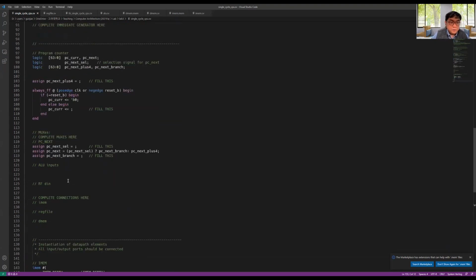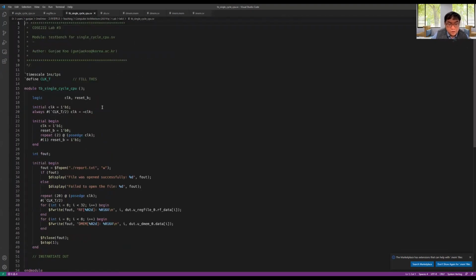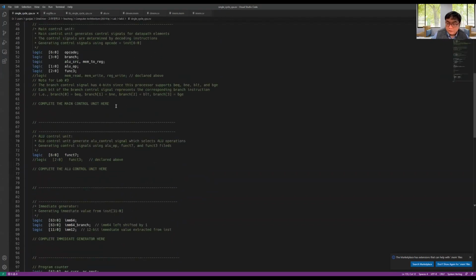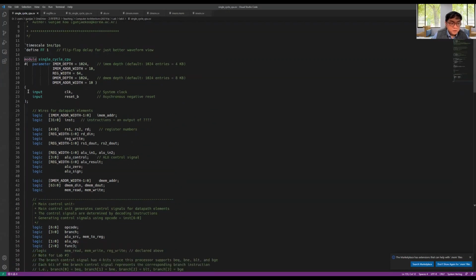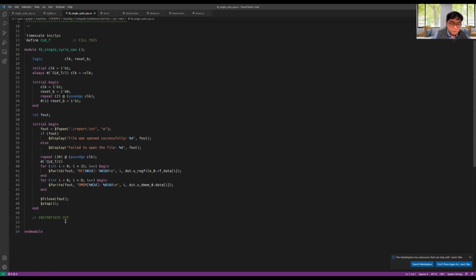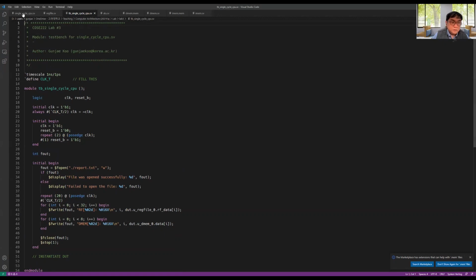Okay, so also for this lab assignment, I provide the completed test bench. So you don't need to modify this test bench. If you see this single cycle processor module, you can find that it has only two inputs, the clock and reset signals. In the test bench, the clock and reset signals are generated and connected to this single cycle CPU.